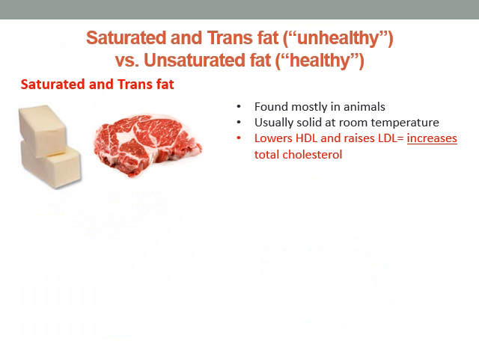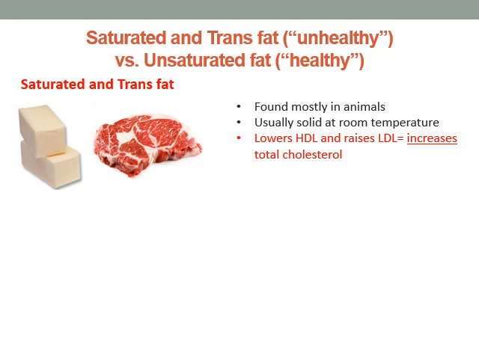Okay. We also have saturated and trans fats, which are unhealthy, versus unsaturated fats, which are healthy. So you've got to kind of take into consideration how much of these fats you're taking in. Again, a little bit is kind of a good thing, but saturated and trans fats, these are the ones mostly found in animals. So dairy or meat consumption, these are the ones that are usually solid at room temperature.